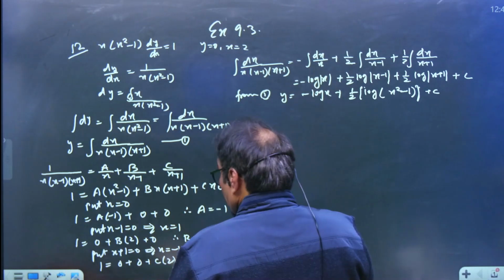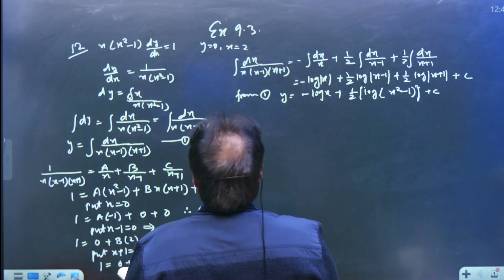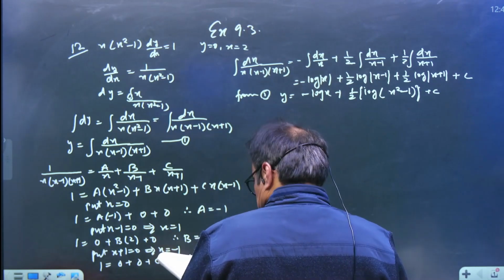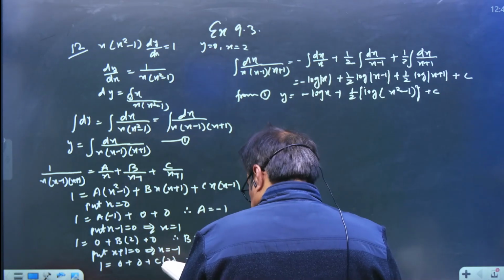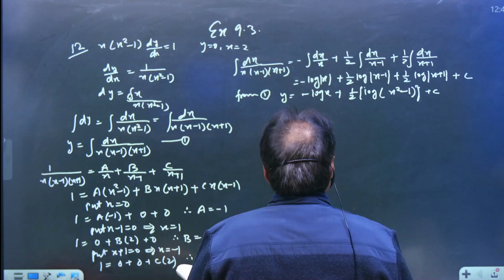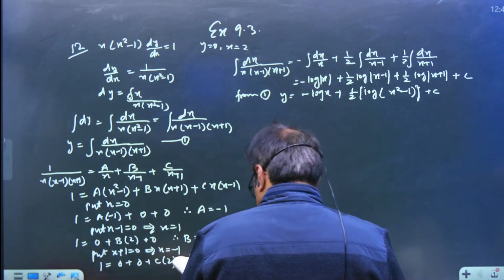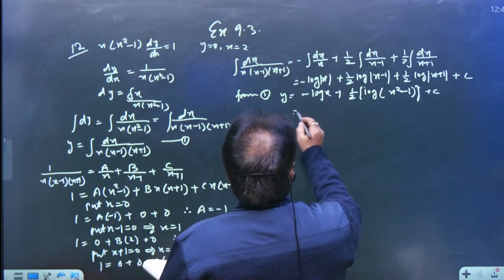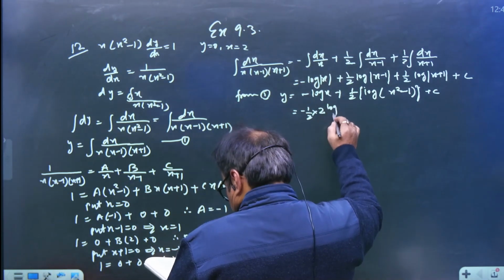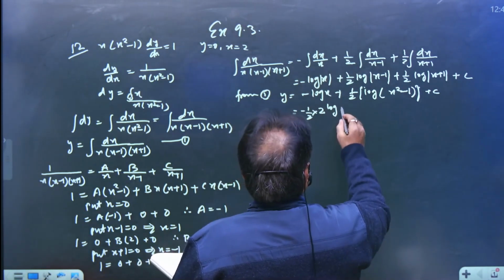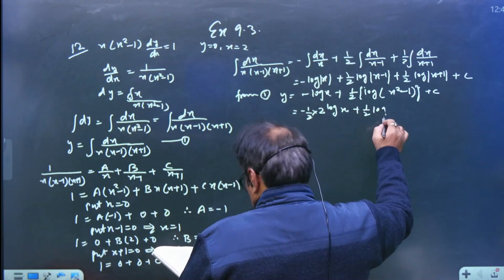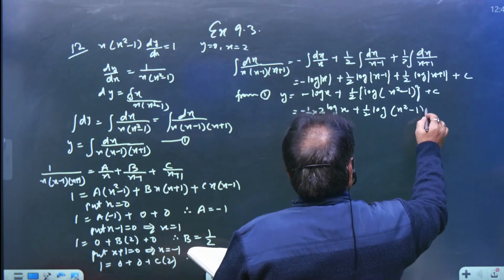So here is log 2 something. What happened? Log x. So this can be written as minus 1 by 2 into 2 log x and plus 1 by 2 log of x square minus 1 plus c.